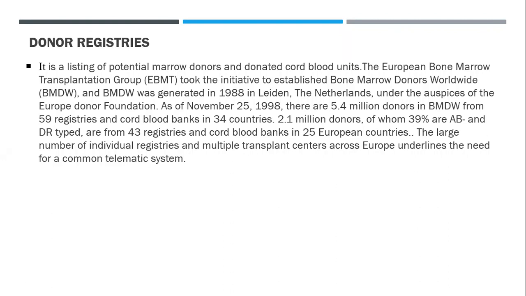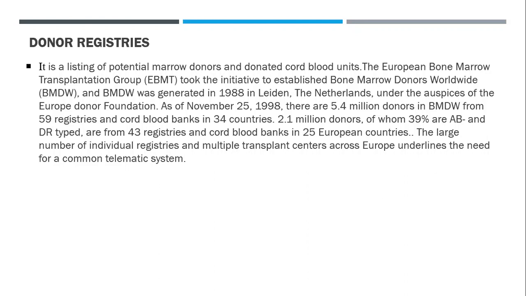So a donor will register in some registry. The European Bone Marrow Transplantation Group took the initiative to establish Bone Marrow Donors Worldwide, which was generated in 1988 in Leiden, the Netherlands, under the auspices of the Europe Donor Foundation.